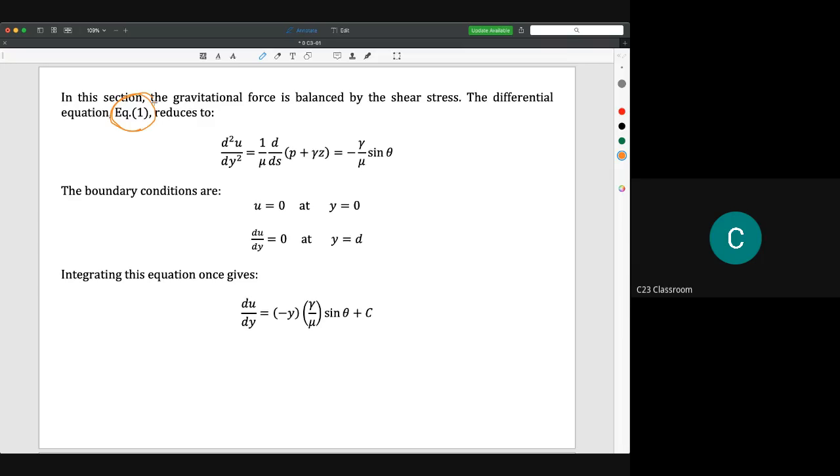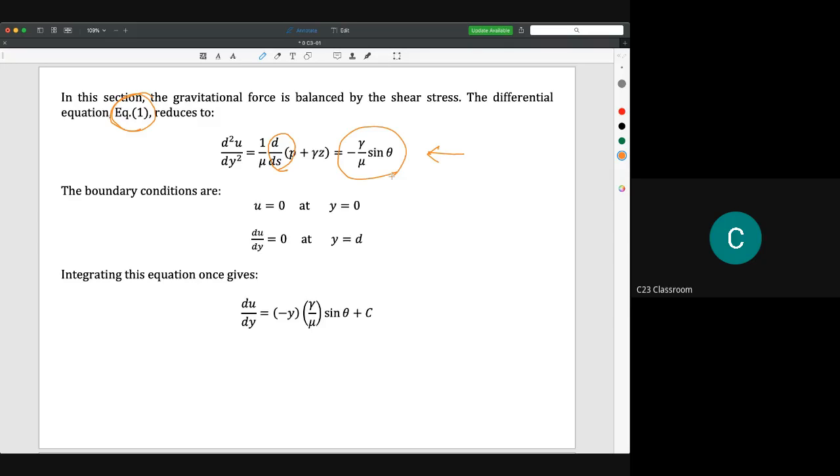From equation number 1, because we don't have the dP/ds, we now have the term minus gamma over mu and sine theta. I think you know this one, because we already discussed the sine theta. It replaced the dz/ds, and we give the negative sign because it is going downwards.